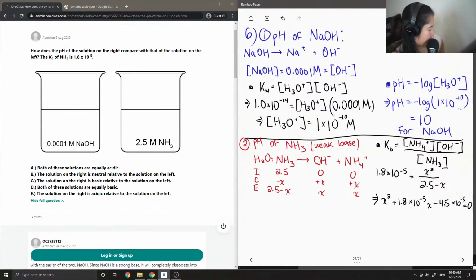So at this point, since we have a quadratic, we can plug it into the quadratic formula, or you can just use an online calculator to solve for your x value. And we always want the positive value because there's no such thing as a negative concentration. So the positive x value is 6.7 times 10 to the negative 3.